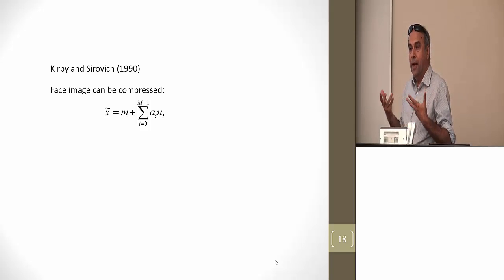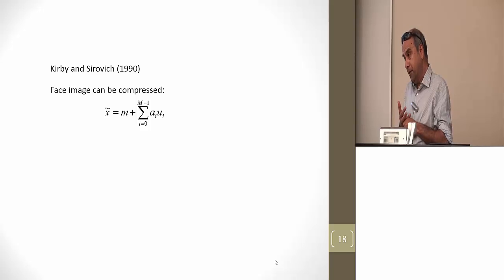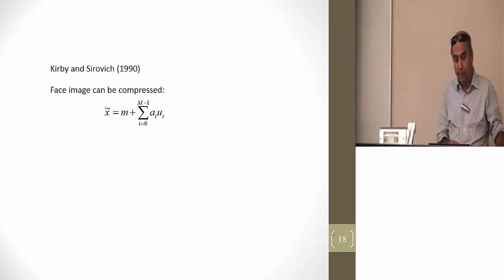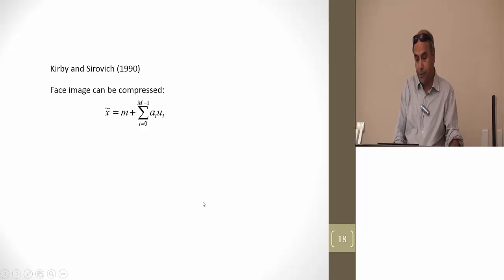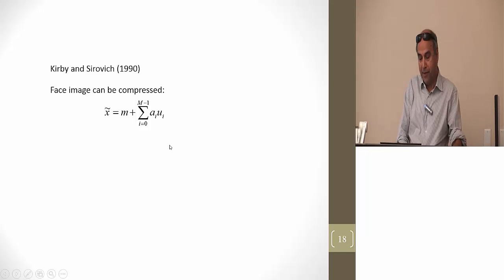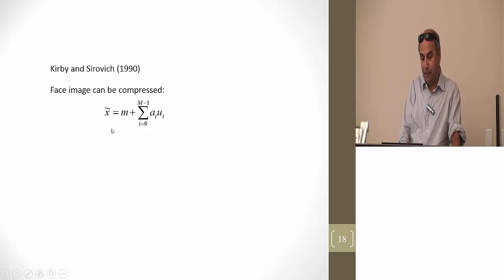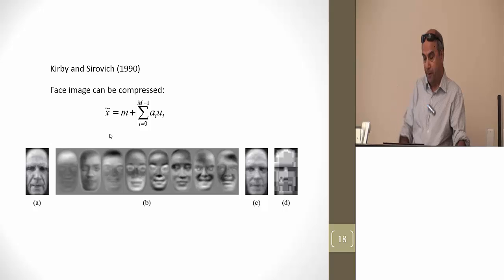That is a very efficient way to do the compression. Normally, when you find these eigenvectors without normalizing the mean, you have to add the mean. So to reconstruct an image, you multiply these coefficients by the corresponding eigenvectors, add them up, and then add the mean, and that will be the reconstructed image.